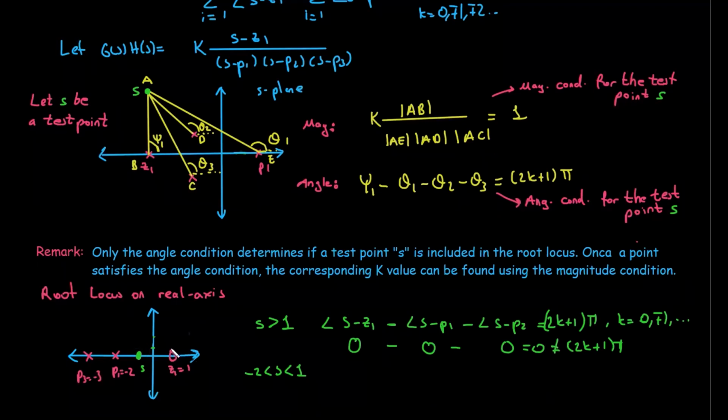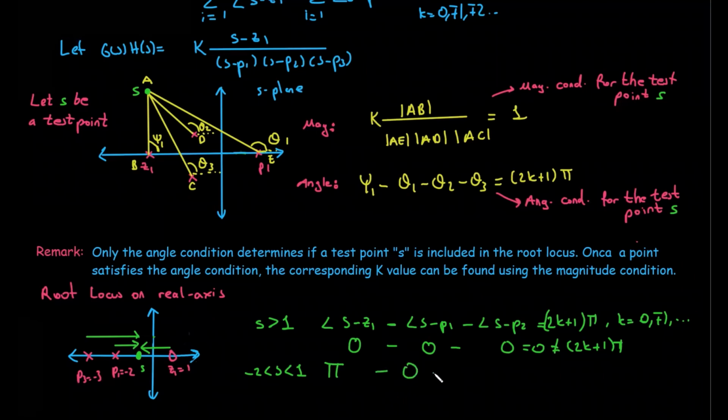And the vectors that I'm going to study this time: the first vector is S minus Z1, so it is that vector. And S minus P1, that vector like that. And S minus P3, that vector right there. So what is the angle of S minus Z1 in this example? This time it is pi. Exactly. So this vector has angle pi, and that vector has angle 0, and that vector has angle 0.